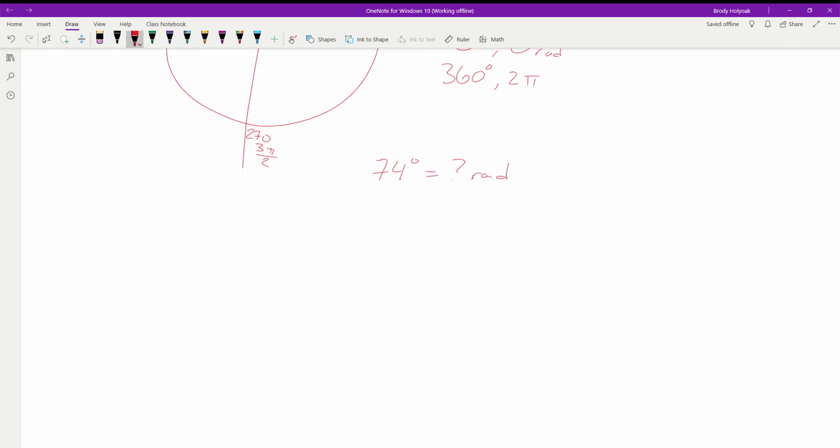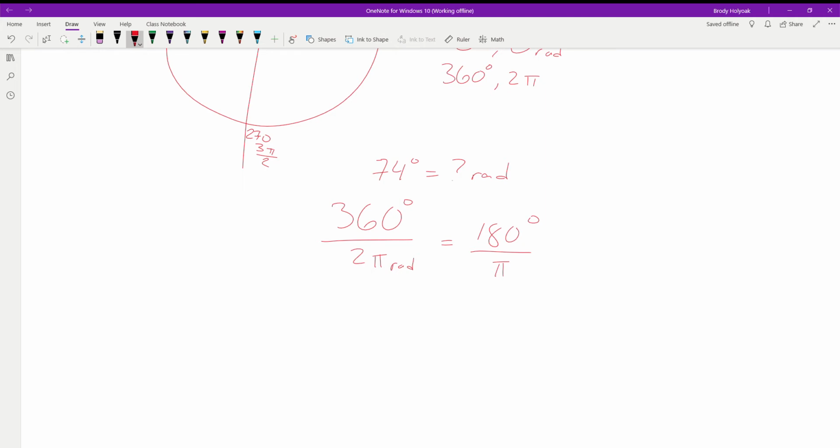Okay. So what we need to do, remember, there's 360 degrees in 2 pi radians. Okay? This is our conversion. We can simplify this down to 180 degrees over pi. Again, we want to use the simpler values.